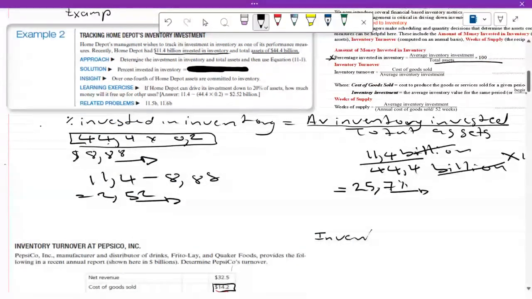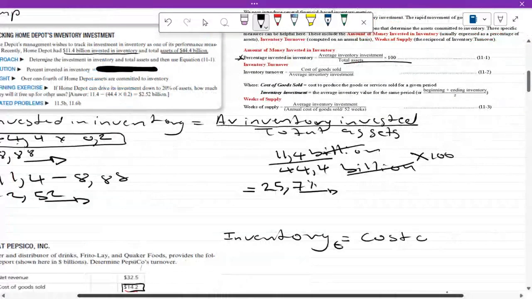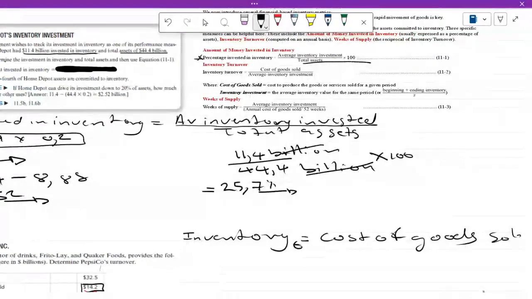Inventory turnover, I like to say T here, equals cost of goods sold divided by average inventory.